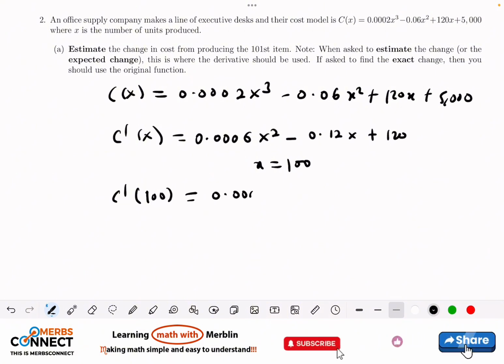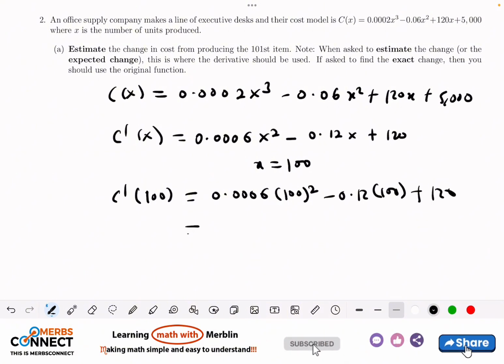We put them inside. Then 100 squared minus 0.12 times 100 plus 120. So this is going to give us, when I multiply this one by 100 squared, 10000.